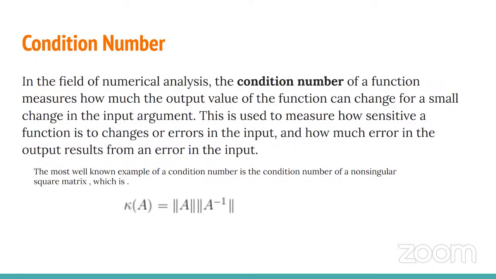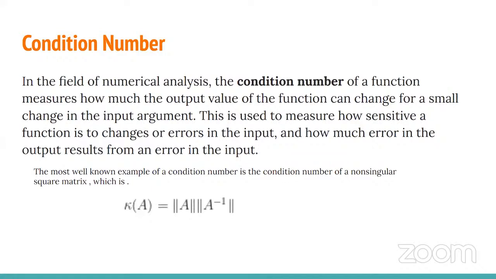That is what we refer to as a condition number. That condition number tells you if it's a well-conditioned or an ill-conditioned matrix. It measures how sensitive a function is to changes or errors in the input, and how much error in the output results from such an error.